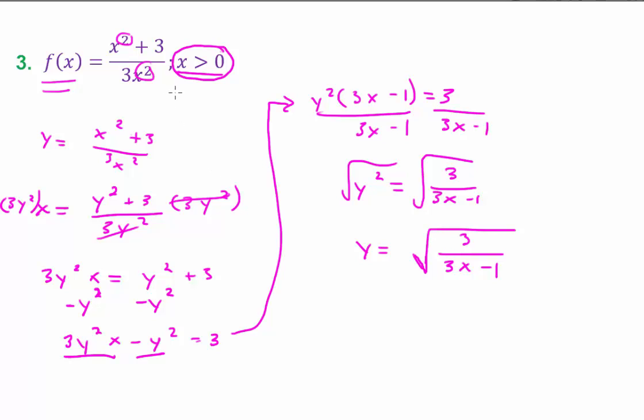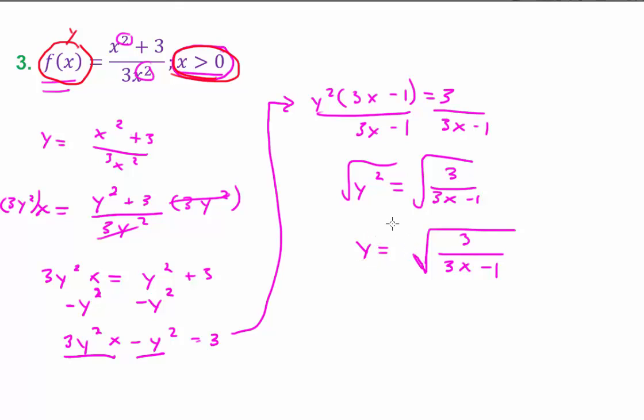If you go back to the original equation, and remember we said that x was greater than 0, well, what will then be the range? The y value in this case will always be positive as well, which means that this is always positive and no negative. So in other words, we can't have the negative square root. That doesn't exist in our inverse here.